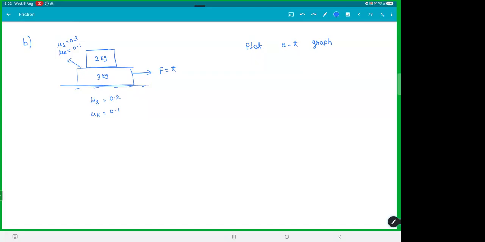Okay, let's see the starting part. So F max on the ground is 0.2 into 5, 10 newtons.